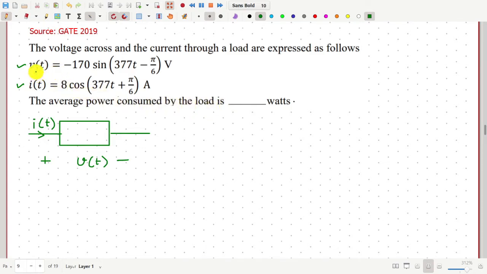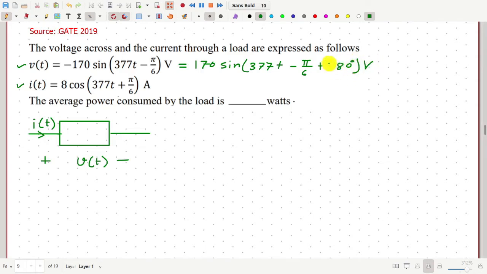So notice that the voltage is given as a sine function, whereas the current is given as a cosine function. Let us convert them both in a similar form. So we may write the voltage as 170 sine 377t minus pi by 6 radian, and here we have a minus sign. To make it plus, we may use a plus 180 degree.